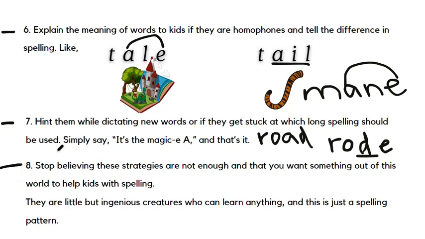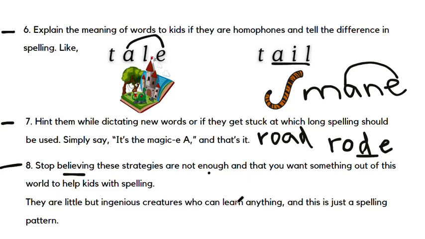Number 8, and the most important point, stop believing these strategies are not enough and that you want something out of this world to help kids with the spelling. If you just keep on asking how things will work, things will never work. Believe in the strategies that I'm telling you, because I have been doing such stuff in my classes.